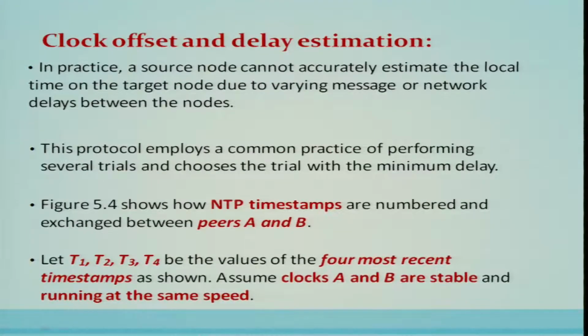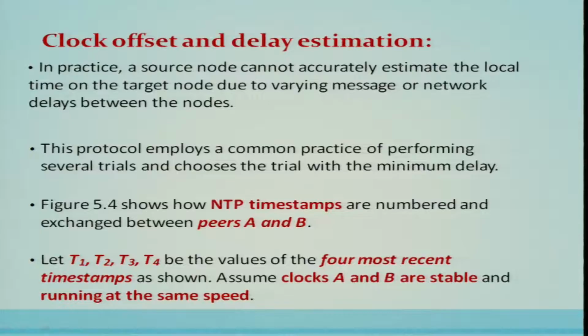Clock offset and delay estimation. In practice, the source node cannot accurately estimate the local time on the target node due to varying message or network delays between the nodes. So this protocol uses the common practice of performing several trials and choosing the trial with the minimum delay.